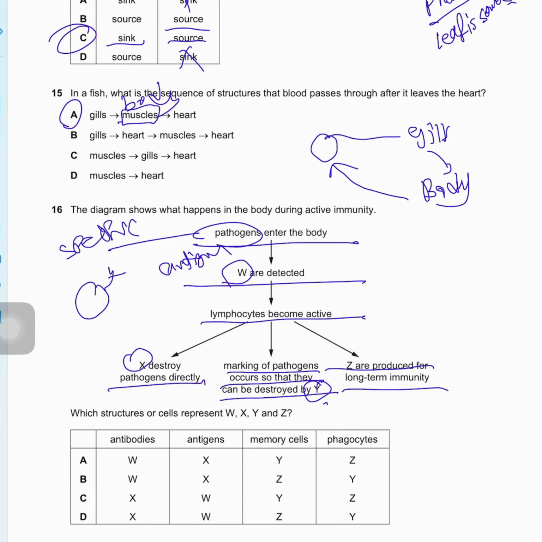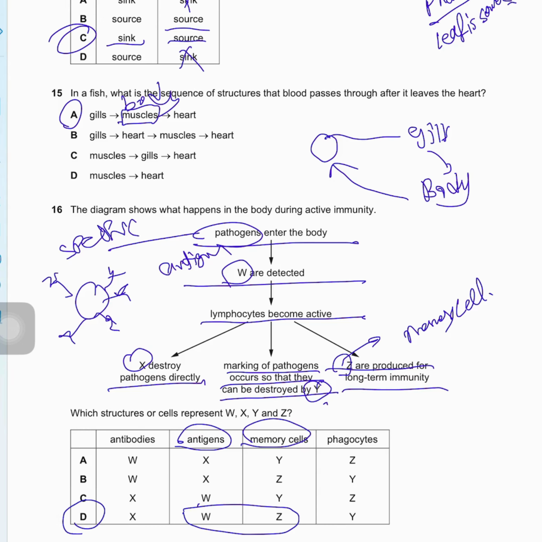The markings on the cell membrane of a pathogen or any cell. Giving long-term immunity is also very easy to identify: it is the memory cell. So W must be antigen and the memory cell must be Z. So which one? W and Z. So my answer is D before I look at the rest.